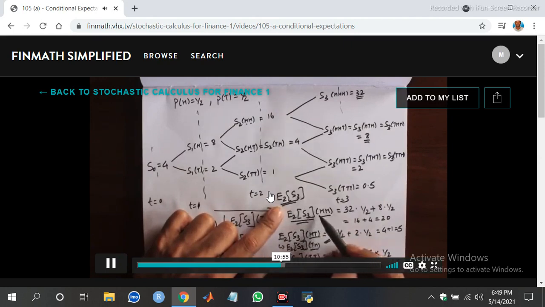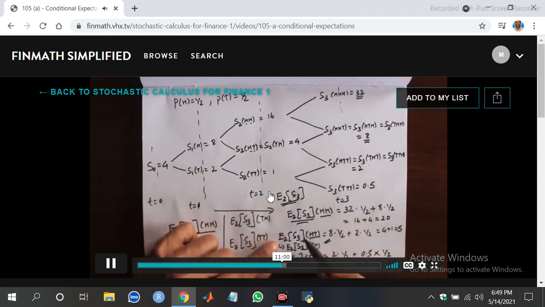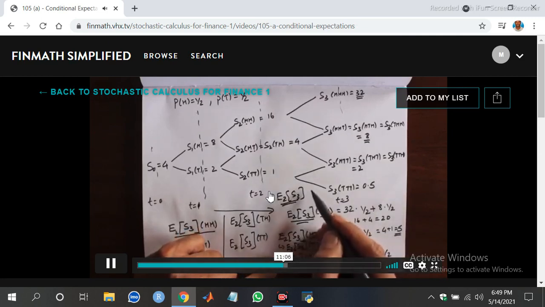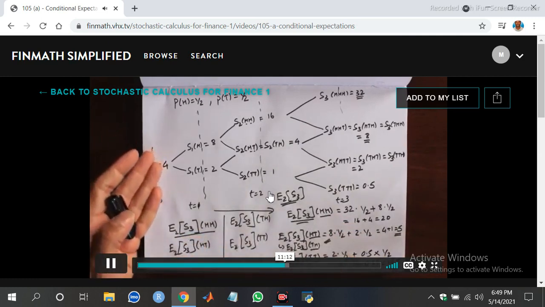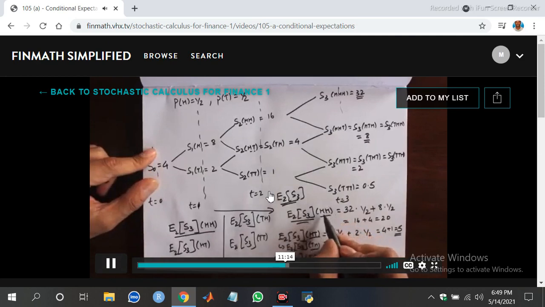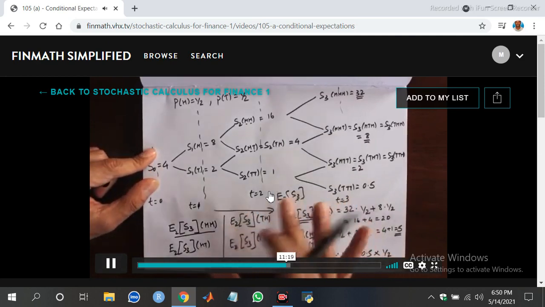If the first two coin tosses were head-head, then this quantity would be equal to 20. If it was a head-tail or a tail-head, then this particular expectation would be 5. And if we got a tail-tail on the first two coin tosses, then the expected value of S3 would be 1.25. At time 0, we don't know if we're going to get a head-head, a head-tail, a tail-head, or a tail-tail in the first two coin tosses.